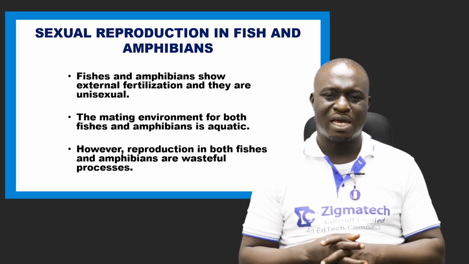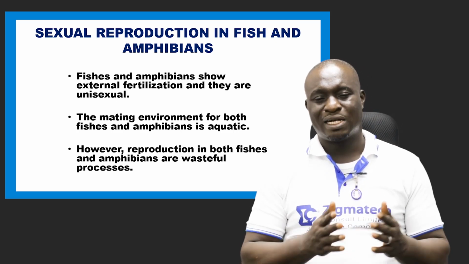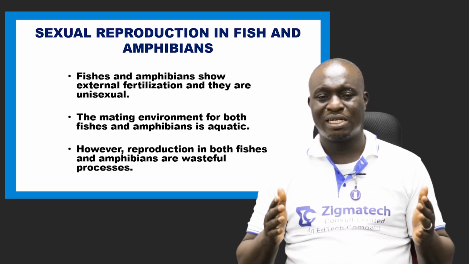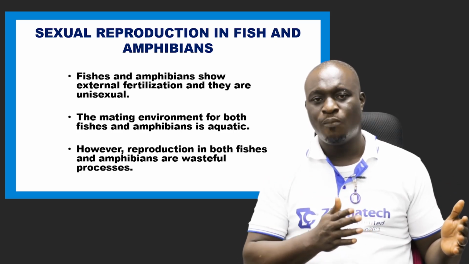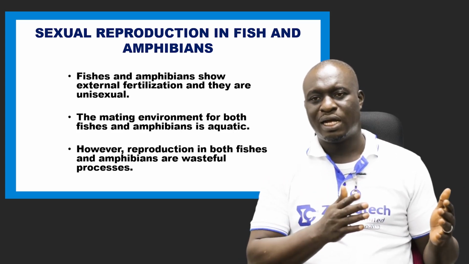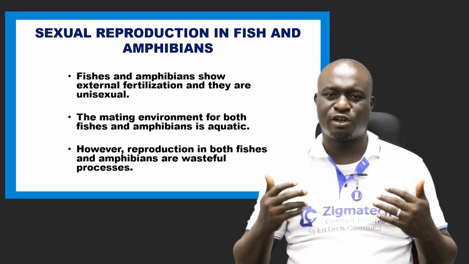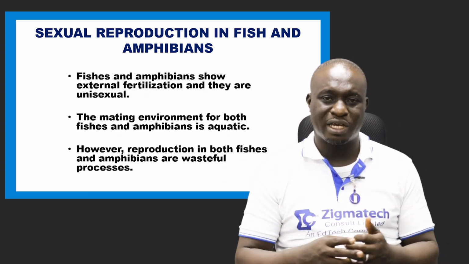Also in amphibians, sexual reproduction is carried out in several ways. You can have pairing and also display. I mean that the amphibians are unisexual, like I've said before. So a male amphibian, for instance a frog, starts croaking. When you hear the croaking sound, that's a form of display, a courtship behavior.